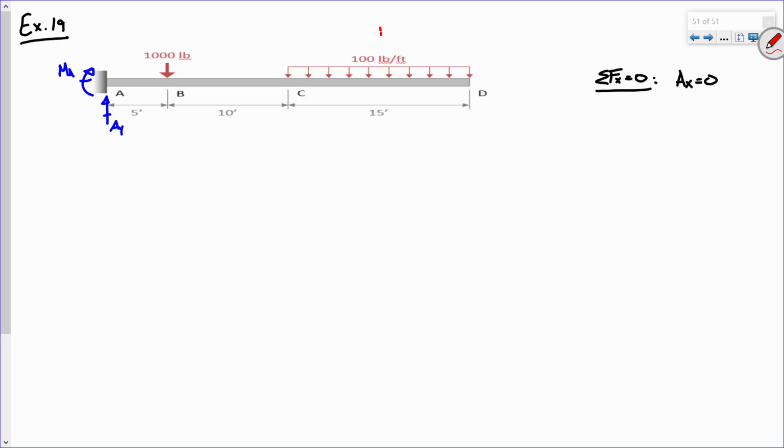So does that make sense? Now, luckily all our reactions are in the same spot, so it doesn't matter if we sum forces or sum moments. What do y'all want to do? Let's do moments. Okay, we'll do moments. So we'll sum moments at A, let's say.